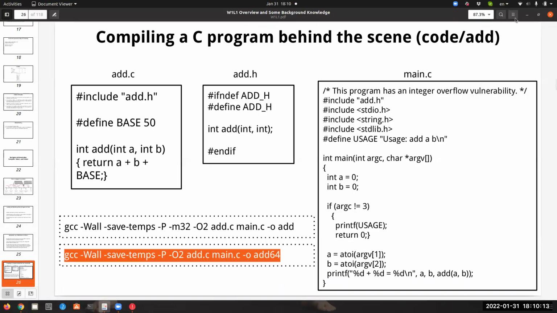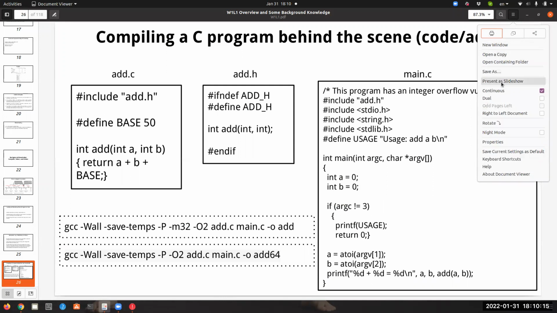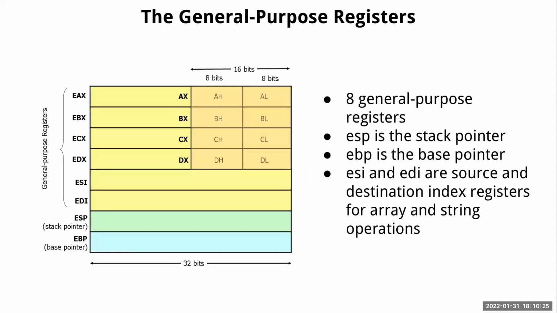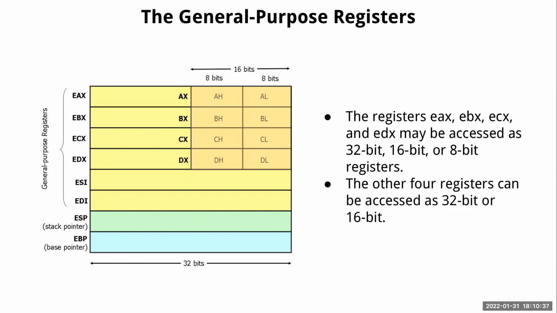Okay, I know it's very difficult to understand right now. That's why in the next class and next week, we'll talk about all the details. We'll start with the x86 architecture and talk about all the registers, so you will get familiar with those names. You already saw ESP, RDI; those look super weird, but after this, you will know what they are.